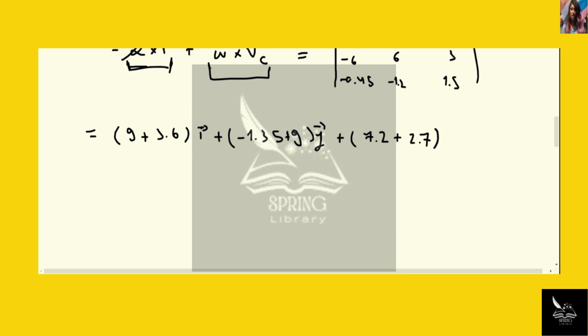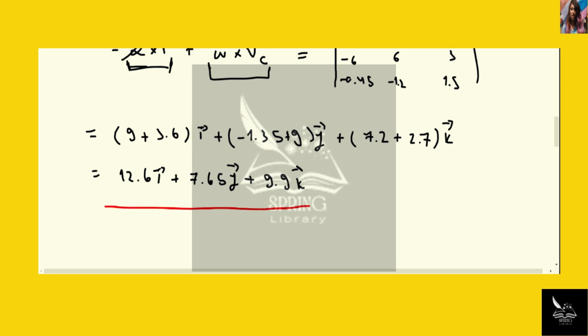This is when we already evaluate every specific multiplication, and this ends up to be, and this is the final answer for the components and the form of the acceleration vector. And also this is the end of the problem.